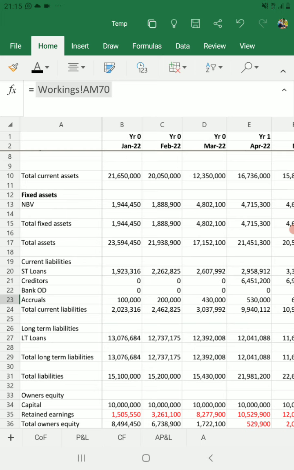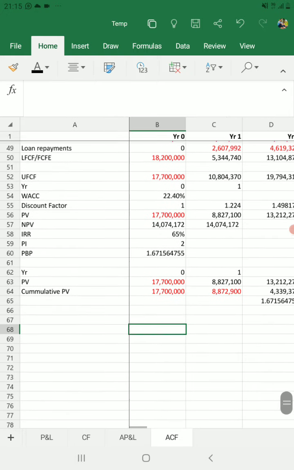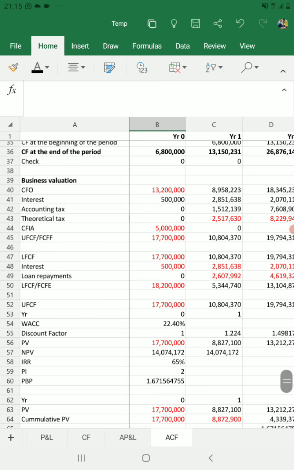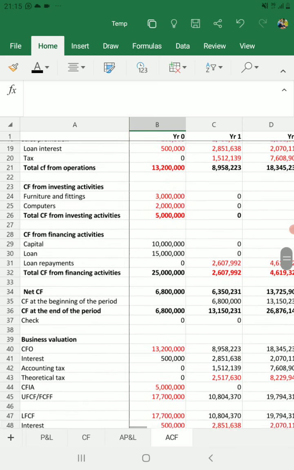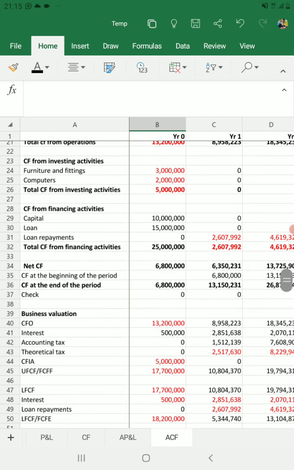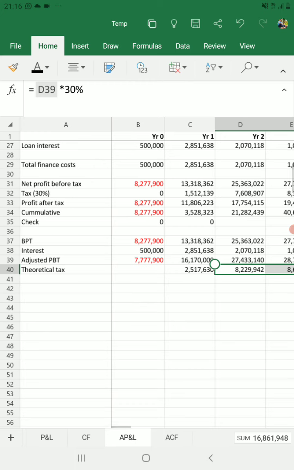But there is also one thing here in the annual cash flow sheet. Here we did the annual profit and loss. We did a computation of theoretical tax.